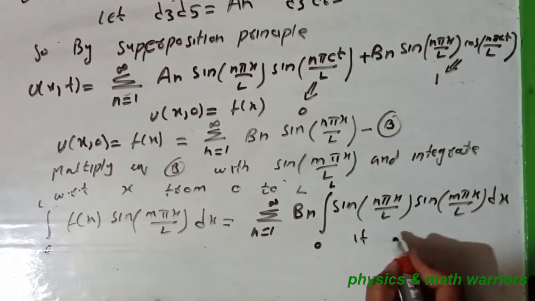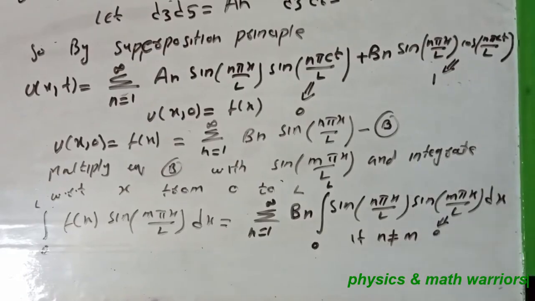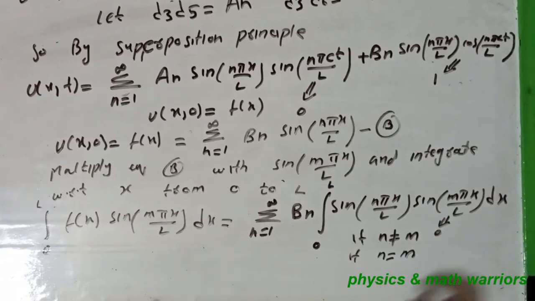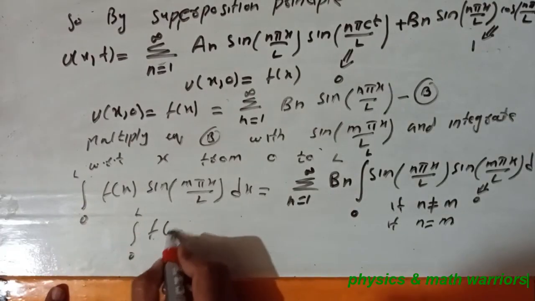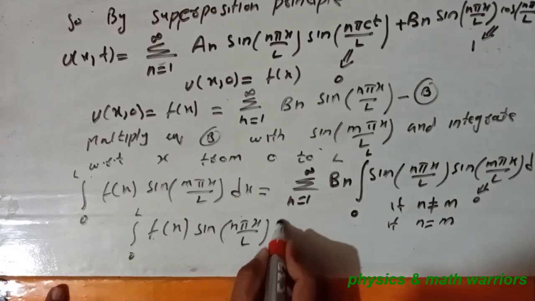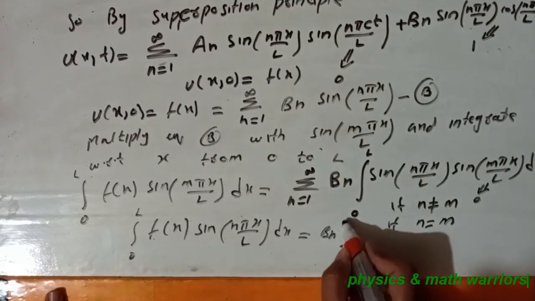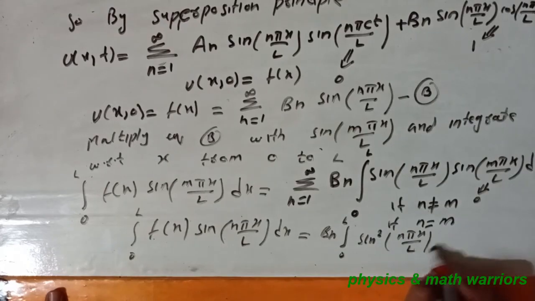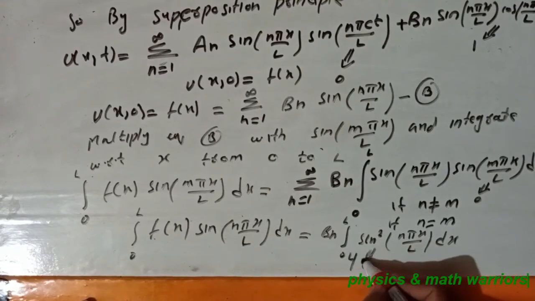If n is not equal to m, then this integral is equal to 0. If n is equal to m, then this becomes the integral from 0 to L of f of x sin(n pi x over L) dx is equal to bn times the integral from 0 to L of sin squared(n pi x over L) dx, and this integral gives us L by 2.